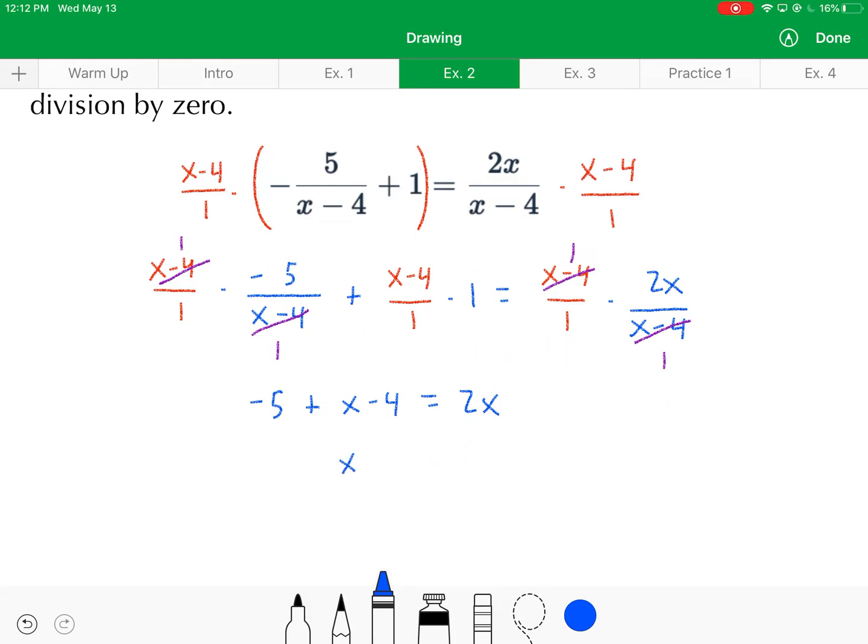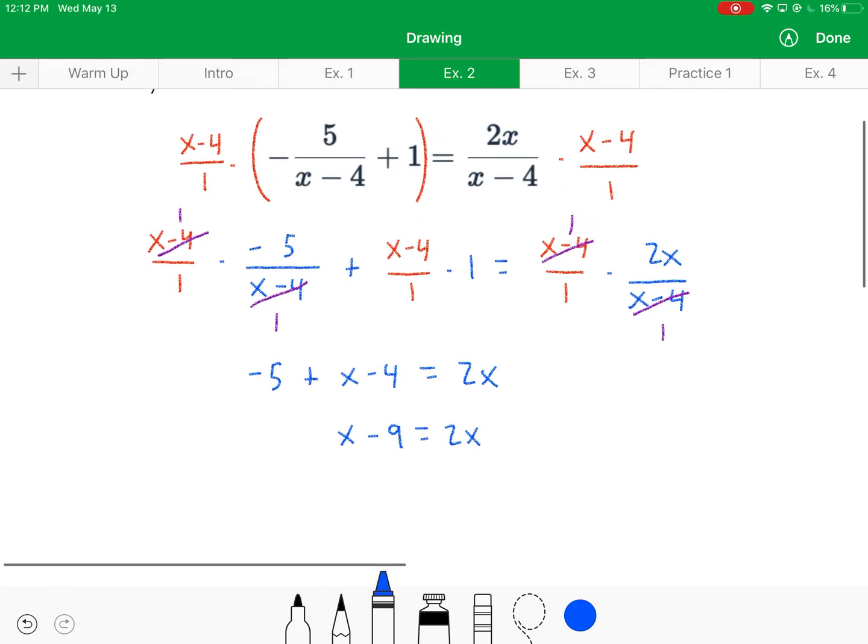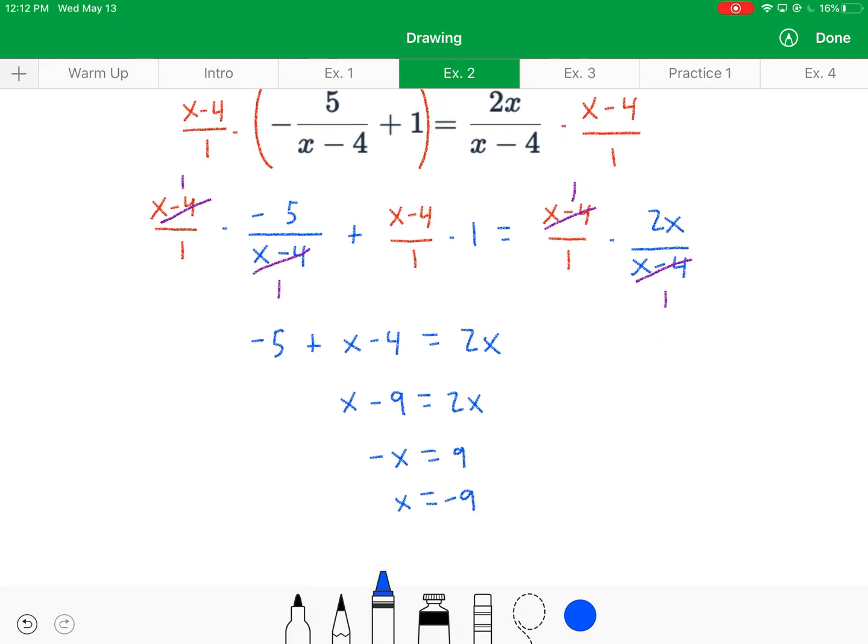So now I have x minus 9 equals 2x. I like my variables on the left side, so negative x equals 9. x equals negative 9. And I think we can agree that if I were to plug negative 9 in to either of these denominators, that's not going to zero them out. So this should be able to be kept.